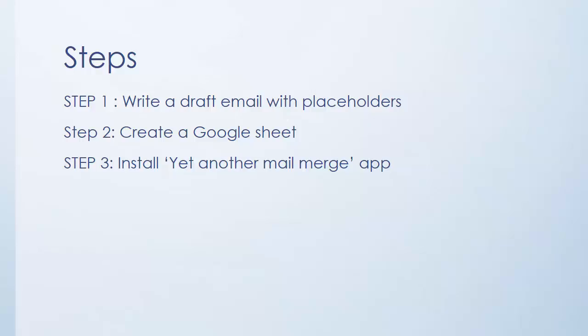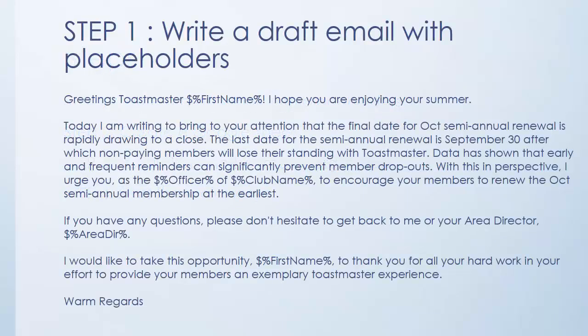Yes, it's a funny name, but that's the name of the application and I found it very useful. And the fourth step is to start the mail merge that will send hundreds of personalized emails to different recipients. So let's look at them step by step.